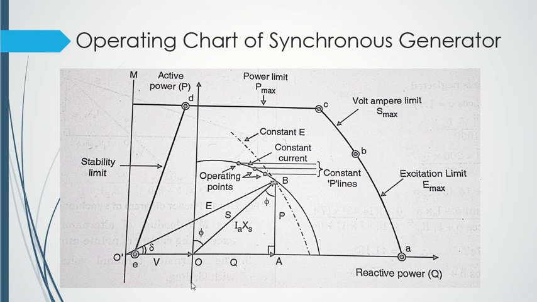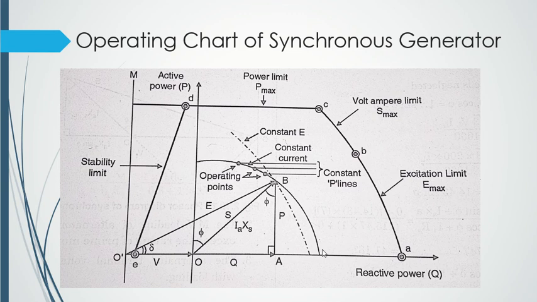Now the short circuit current at rated voltage is represented by OO dash, this part. And for constant current, what did we do? Constant current I into XS, this part, we will have this circular trajectory, or you can call it locus, right?